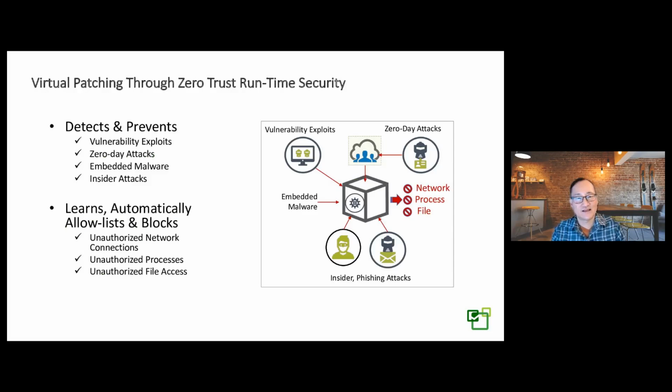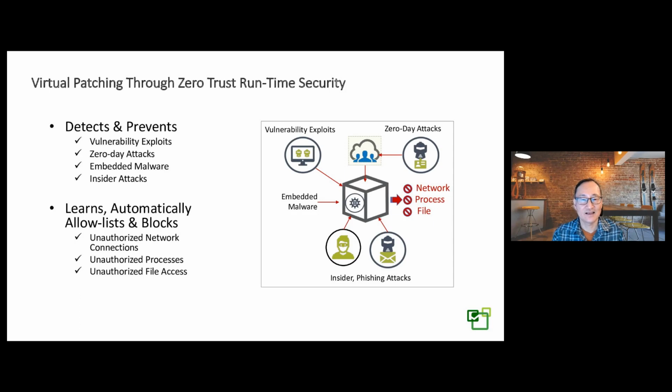Now, one of the things that we like to summarize a lot of this on is called virtual patching. And it's really around the concept that with this zero trust model, we're going to learn and allow list all of the network, process, and file activity that a container takes and is allowed.